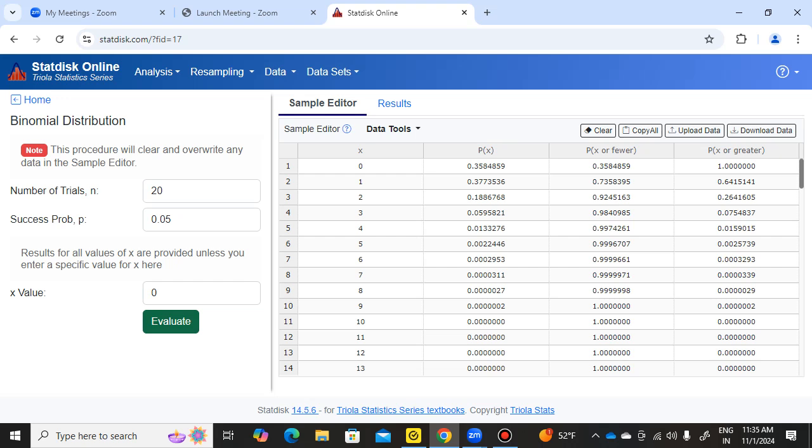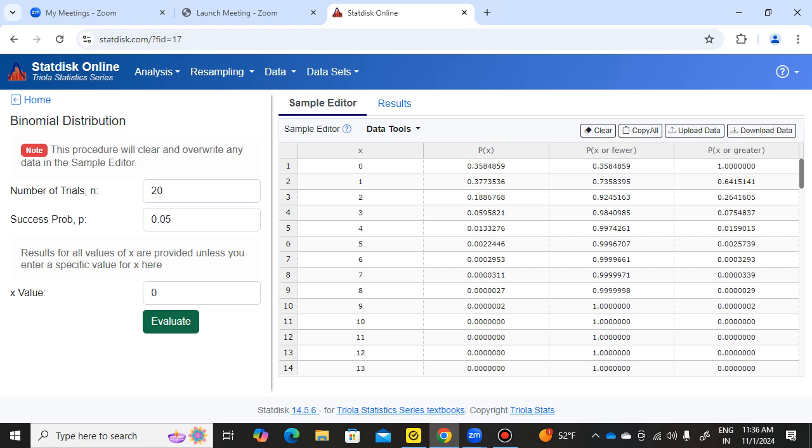And so we have values of 0.358 for a probability of exactly 0 defects. Then we have the probability of x defects, that's 0.358 as well. For x or fewer, that means 0 or less than 0.